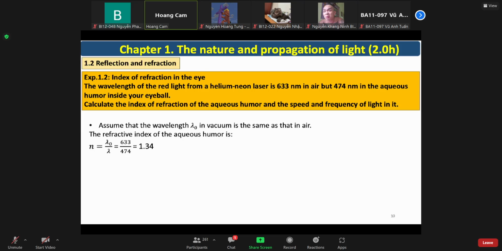Go ahead. Yes. For the speed of light, I will apply the refractive index formula, which is n equals c over v. And I found that it was 225 multiplied by 10 to the power 6.